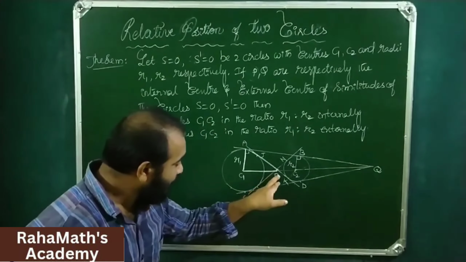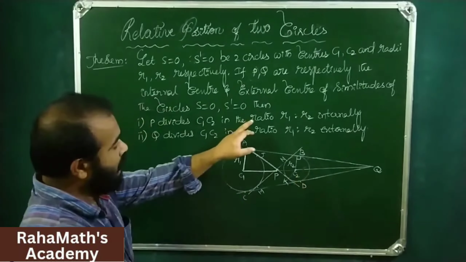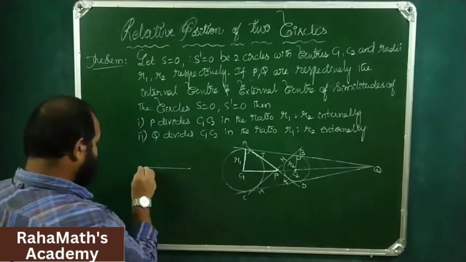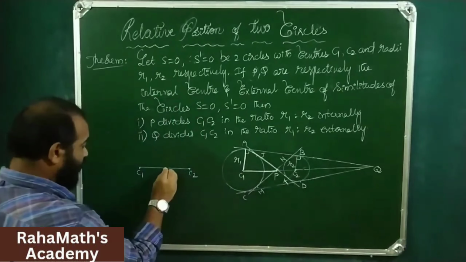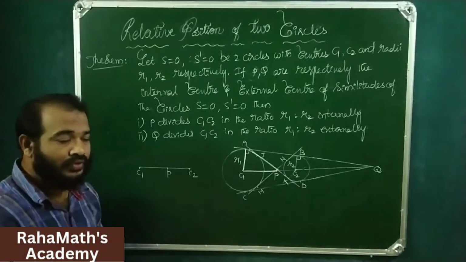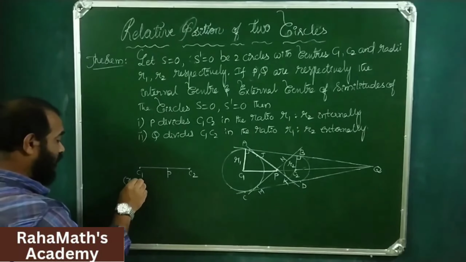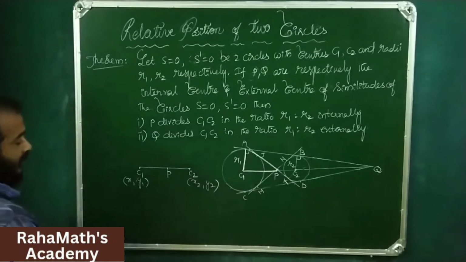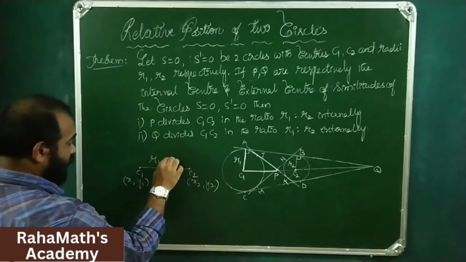Then this P divides C1C2 in the ratio R1 is to R2 internally. For example, if this is (x1, y1) and this is (x2, y2), then P divides C1C2 in the ratio R1 is to R2.